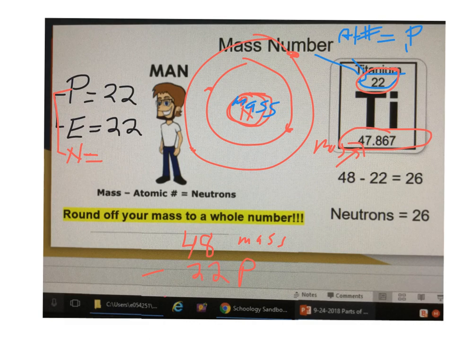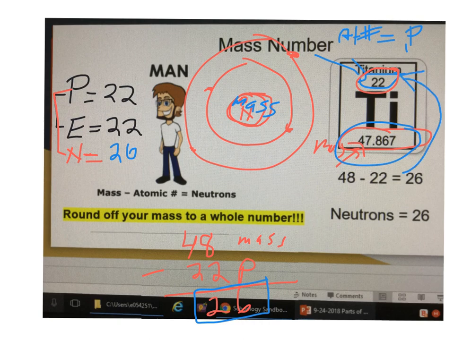Okay. So now, 48 minus 22, 8 minus 2 is 6. 4 minus 2 is 2. And this number are your neutrons, that 26. And that is how you find your neutrons. Remember, you will always subtract the mass minus your protons. Okay, very good. Let's go on to the next one.